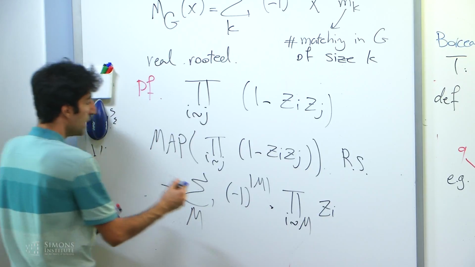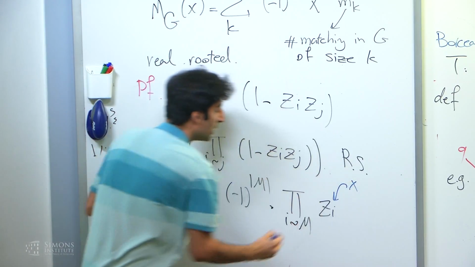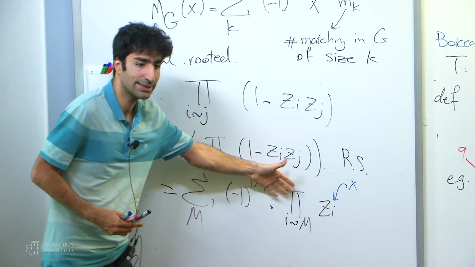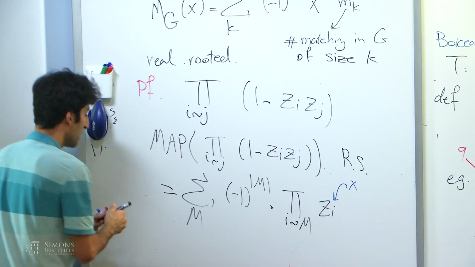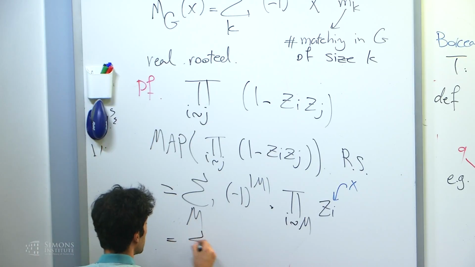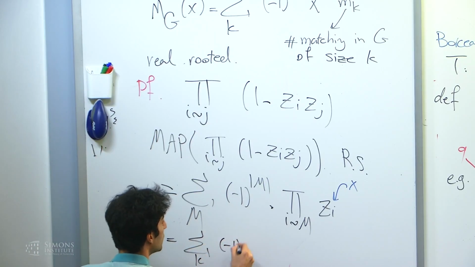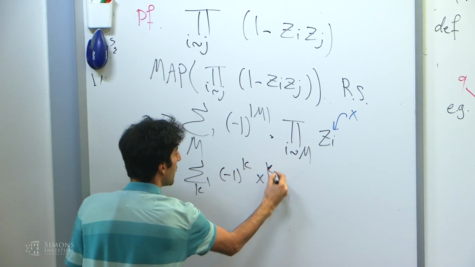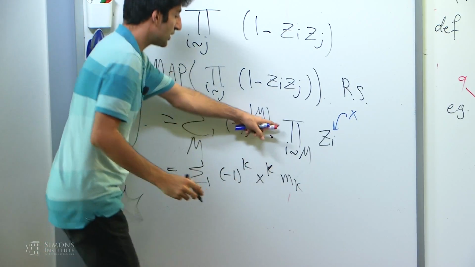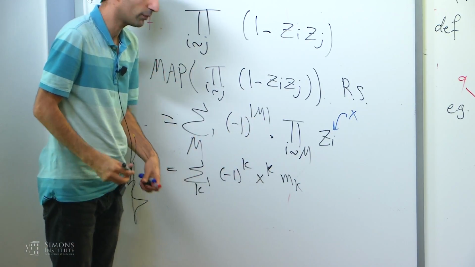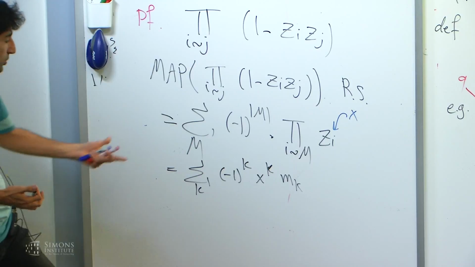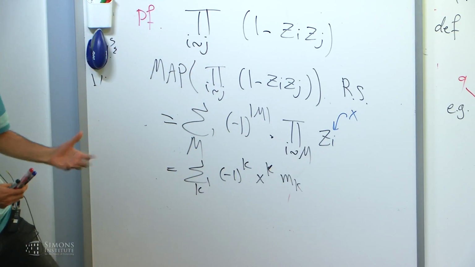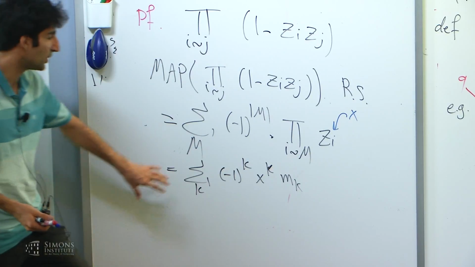Now all you need to do is to symmetrize this polynomial, replace all z_i's with the same variable x. This remains real stable. And this polynomial is exactly equal to the summation over k of (-1)^k x^k m_k, because every matching of size k will contribute 1 to the coefficient of x^k. So I get that this polynomial is real stable. I already said that any univariate real stable polynomial must be real rooted, so I get a real rooted polynomial.